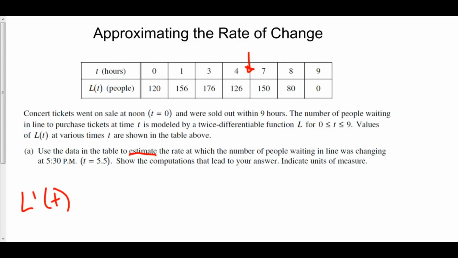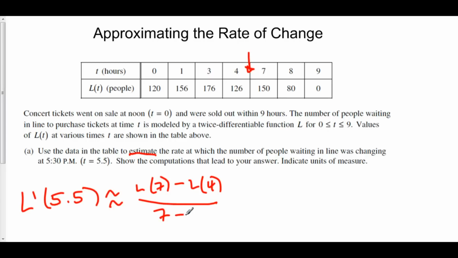So we're not really looking at L prime of t, instead we're looking at L prime of 5.5. So L prime of 5.5 is approximated by the slope between t equals 4 and t equals 7. That's L of 7 minus L of 4 over 7 minus 4.